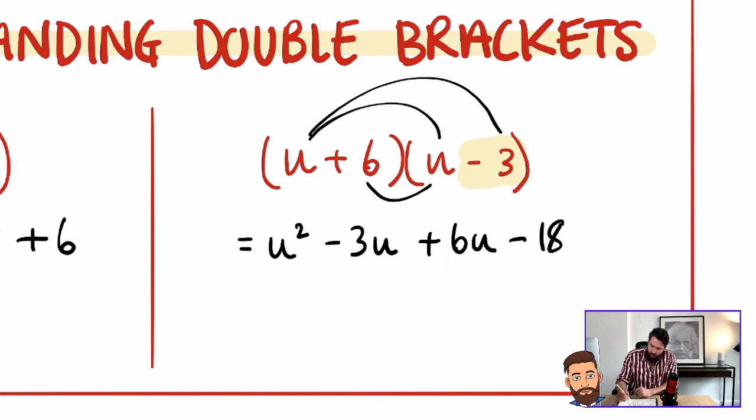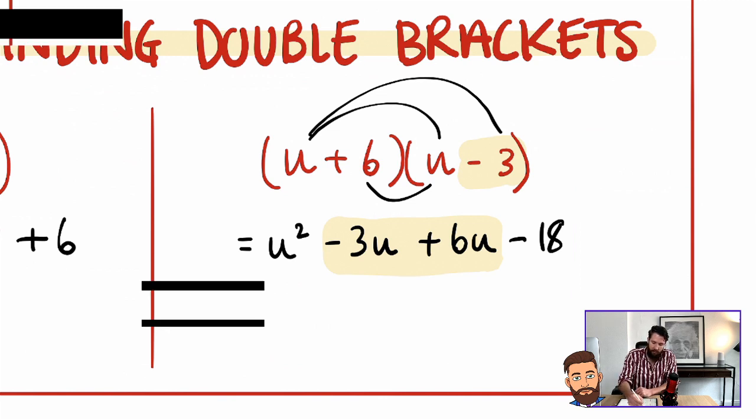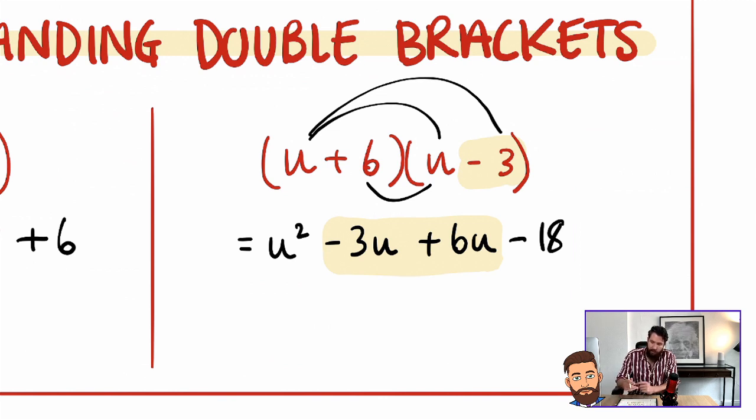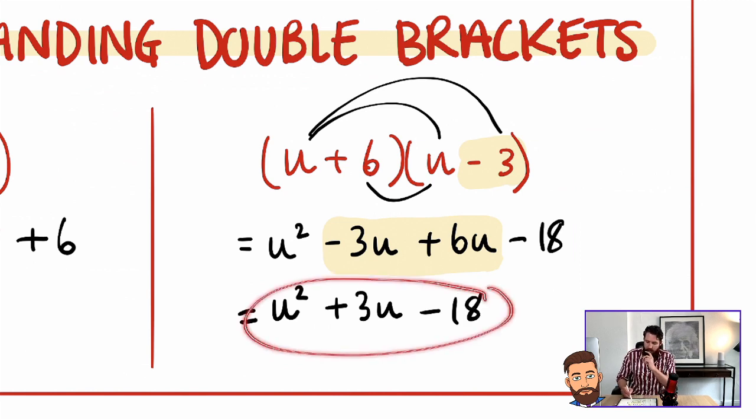Again, we always will have like terms that can be put together. We've got a minus 3u plus a 6u. Well, that would give me just 3u. If you're at minus 3 and you add 6, you get 3. Or if you take away 3 from 6, you could think of it that way. You've got u squared plus 3u minus 18. And again, we're going to look at how we go from this quadratic and turn it back into this double bracket.